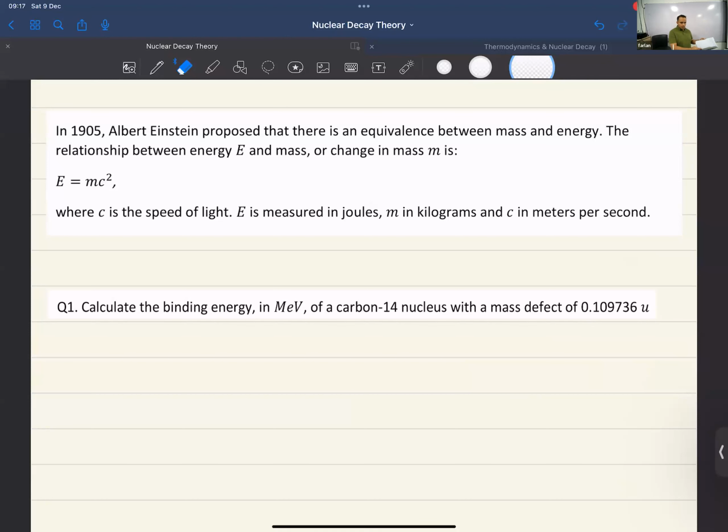The relationship between energy and mass, or change in mass, m, is given by E equals mc squared.